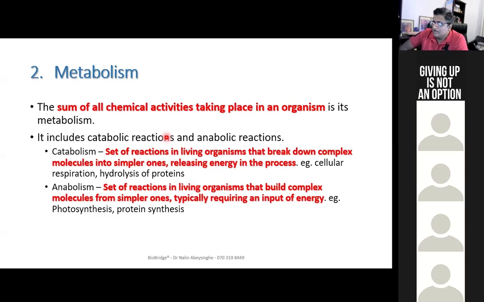It's a totality of all the chemical reactions or chemical activities taking place in an organism. In broad division, these chemical reactions are divided into two parts: anabolism and catabolism. Catabolism is breaking down.